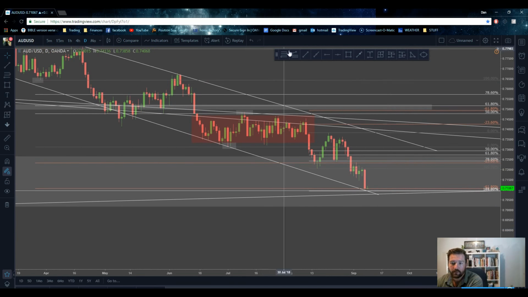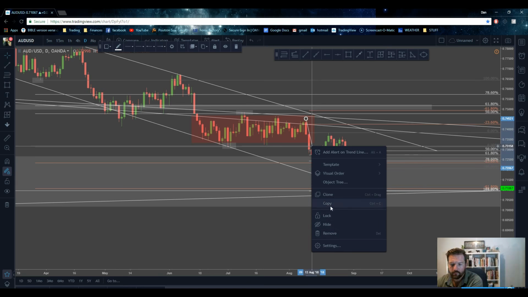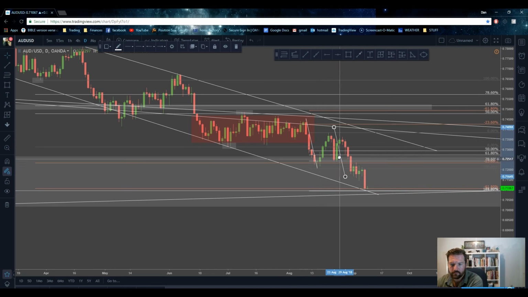Alright, so sometimes what I'll do is I'll do that measured move, clone that, kind of find that next point there. So I'm saying my ABCD pattern is essentially completing between that measured move and that 161.8 fib extension or inversion, whatever you want to call it.